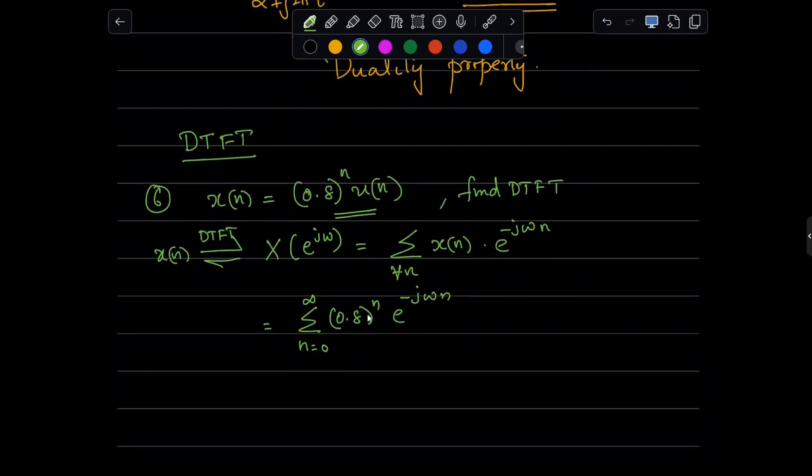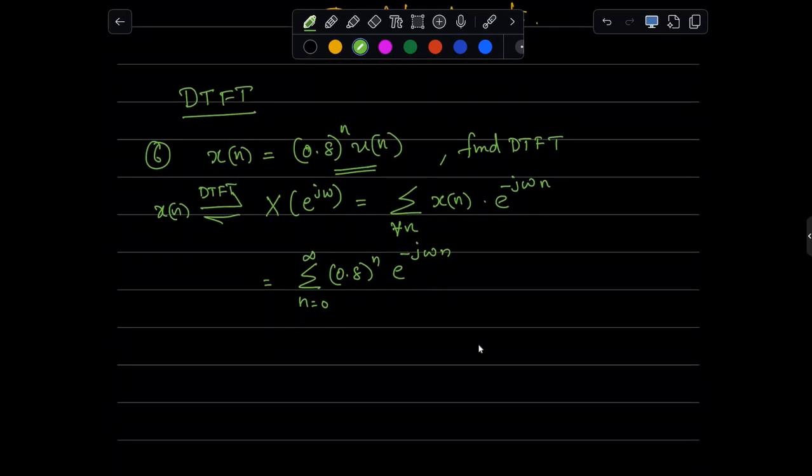So this is our signal, and we are going to find its Fourier transform. If n equals 0, the term becomes 1. Then plus 0.8 times e power minus j omega, plus 0.8 squared times e power minus j 2 omega, then 0.8 cubed times e power minus j 3 omega, and so on.